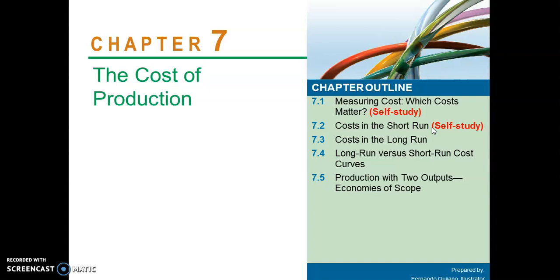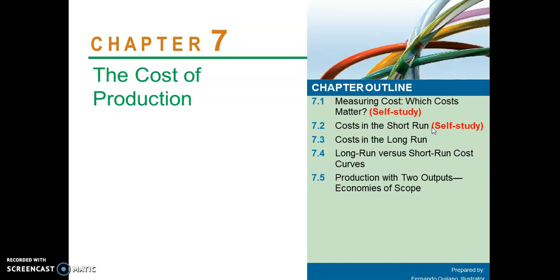Now, if you reflect on chapter 6 that we completed in week 6 term 3, you were introduced to production and you saw how you can take inputs such as your labor and capital, which are your factors of production, and transform them into outputs.